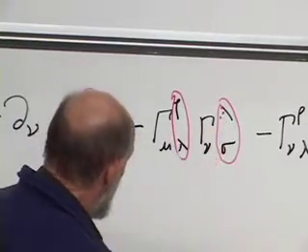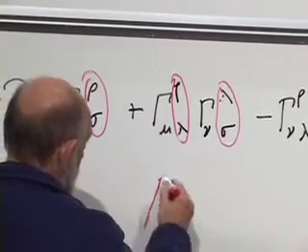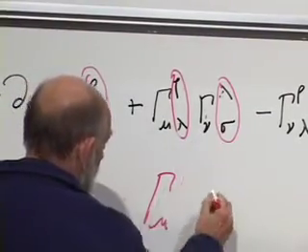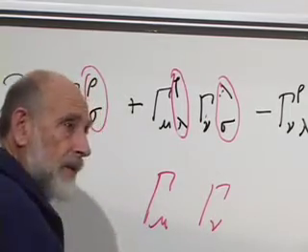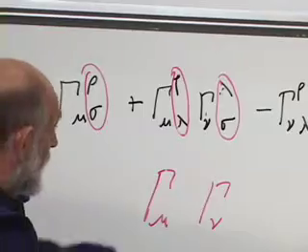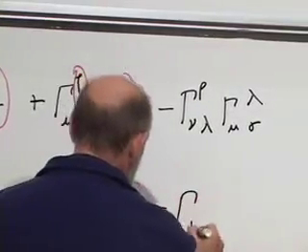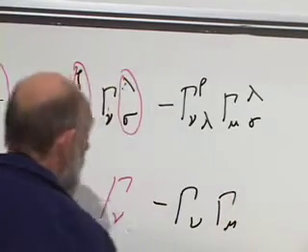Right? And so you could think of this as the product of two matrices, one that you could call gamma mu, and the other that you could call gamma nu. There's hidden indices in here because each one is a matrix. This one is exactly the same, except it's minus gamma nu times gamma mu.